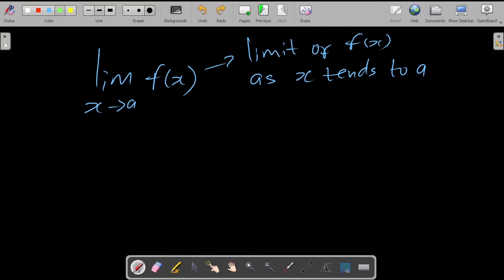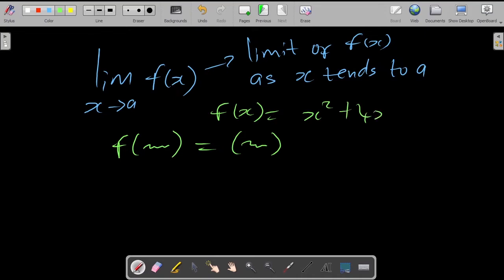Now, before we talk about examples, another thing I want to mention is that if you have f of whatever this is, then we substitute that thing wherever we see x. Let's say it's a function of x, and we have x squared plus 4x. Whatever we put here needs to be substituted in the place of x.